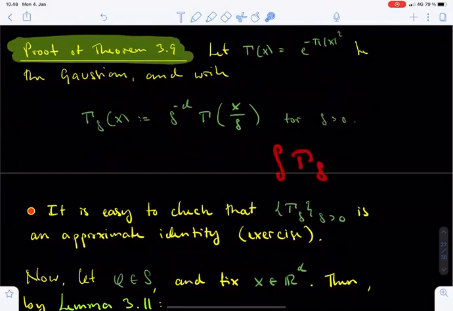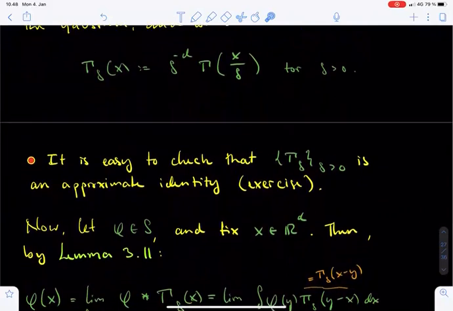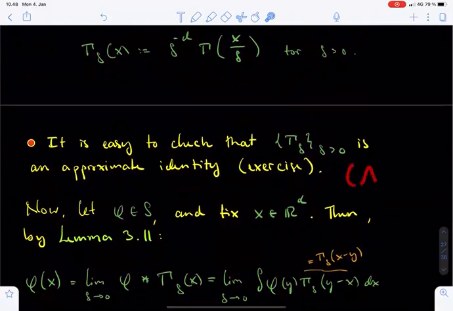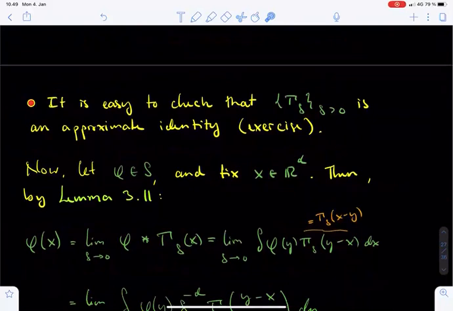Then every gamma delta is a non-negative function with integral 1. It is also not difficult to check that the restrictions of the functions gamma delta outside any fixed neighborhood of the origin converge uniformly to 0 as delta tends to 0. We leave this as an exercise. Therefore, the family of the functions gamma delta satisfies all of the axioms A1 through to A3.